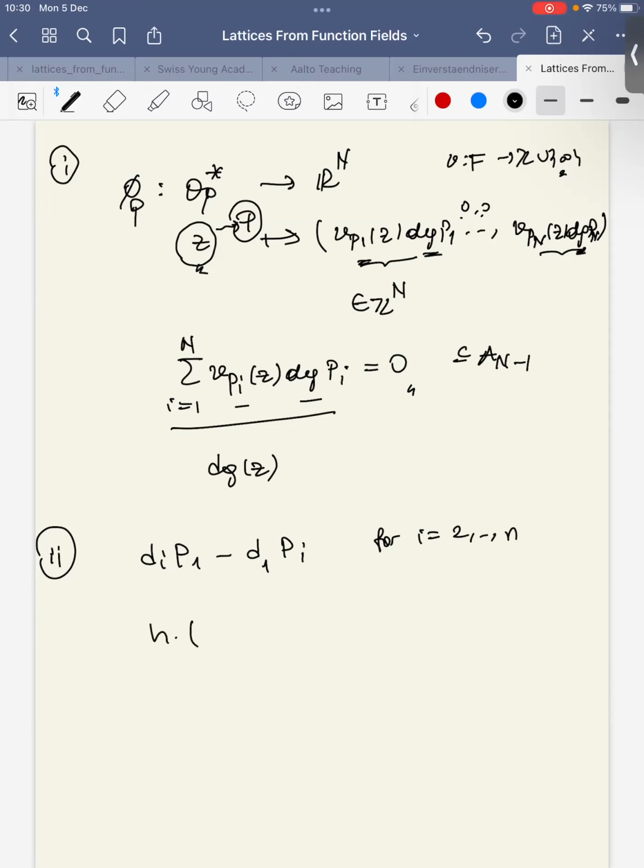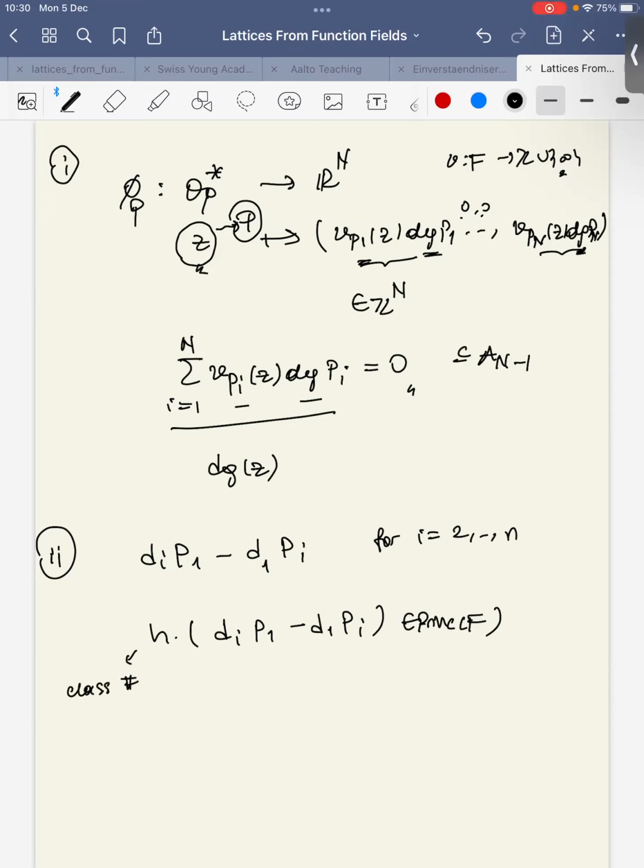By the exercise, we know that the divisor h times (d_i p_1 minus d_1 p_i) is a principal divisor. Here h denotes the class number.